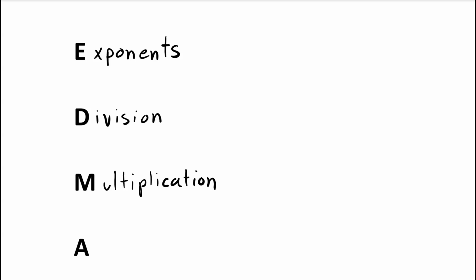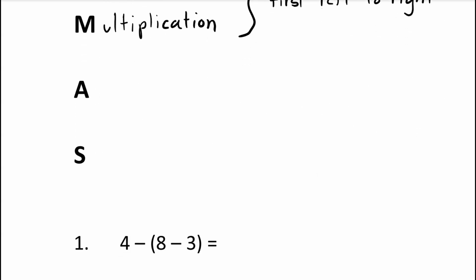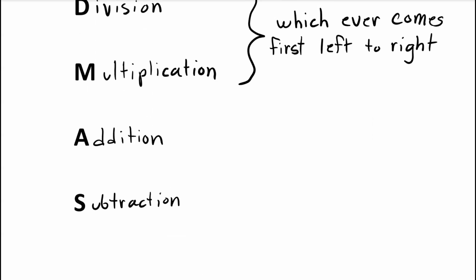So if division is written before multiplication, according to the left to right rule, then we would start with division and vice versa. And the last thing in the order of operations is going to be addition and subtraction. Addition and subtraction follows the same rule that division and multiplication follows, and whichever comes first, left to right, is what you solve first.